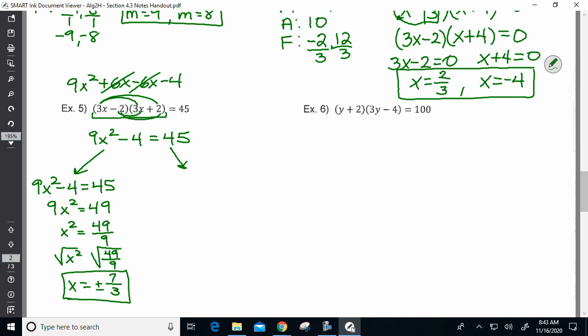Factor it. If you factor that problem, then you've got to get it equal to 0. 45 goes over. 9x squared minus 49 equals 0.